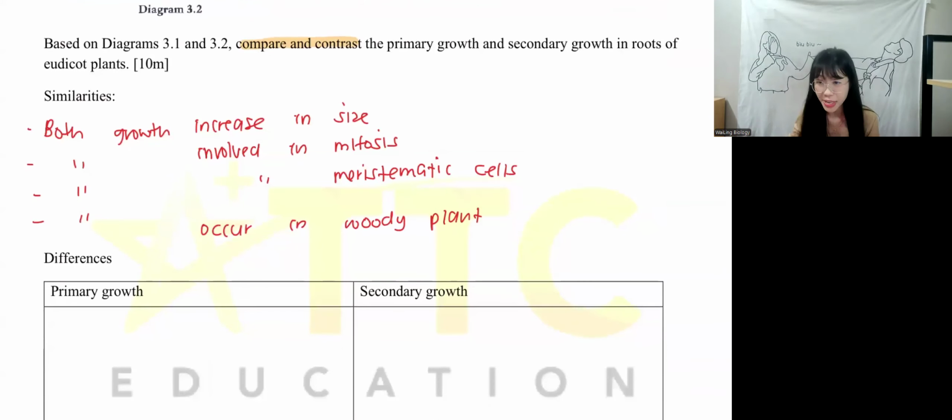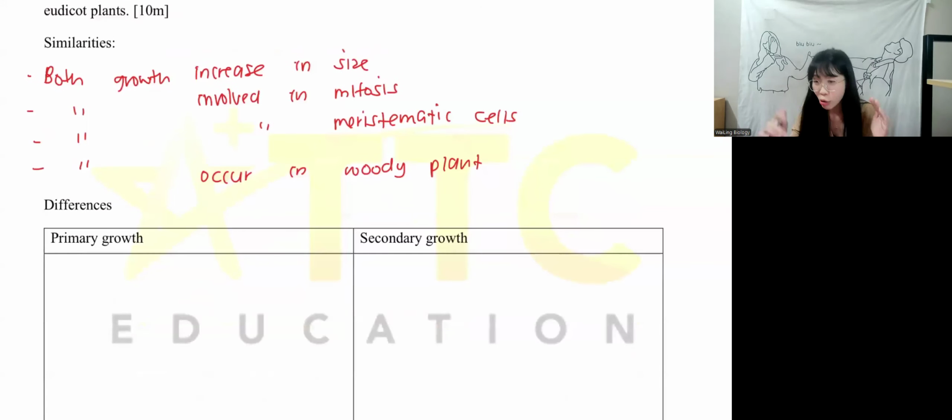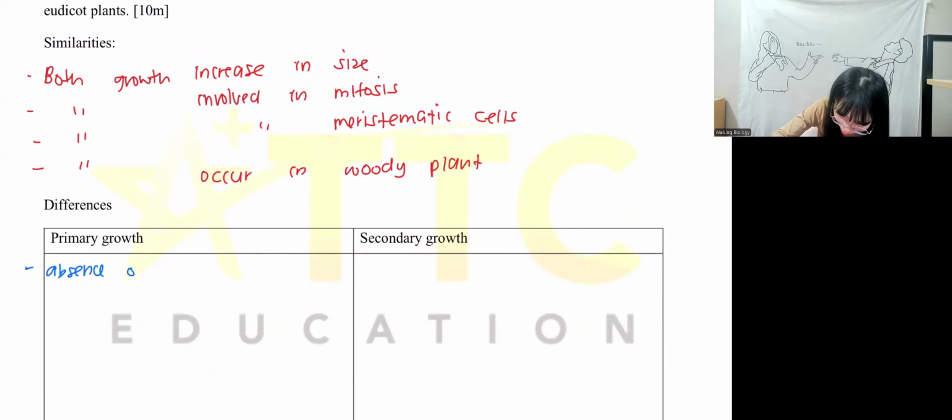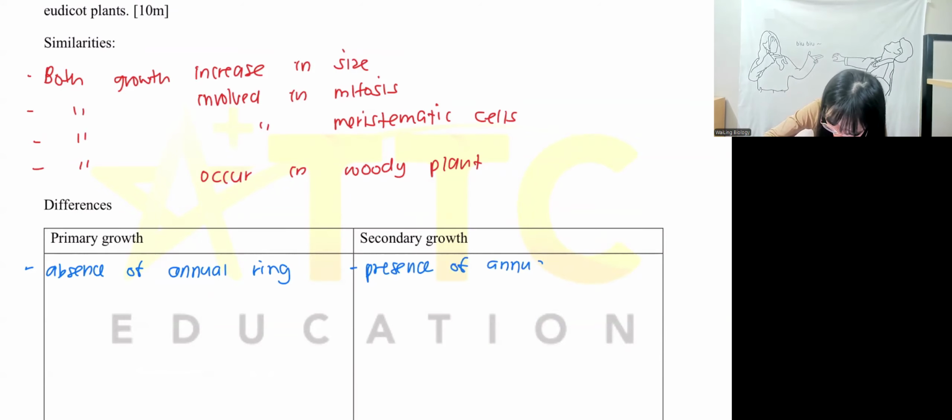If you write 4 similarities, it means you have to write 6 differences. Again, you can also write the answer that we did just now. We did the annual ring, right? So this is absence of annual ring. This one, presence of annual ring.